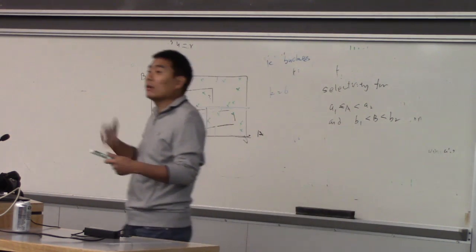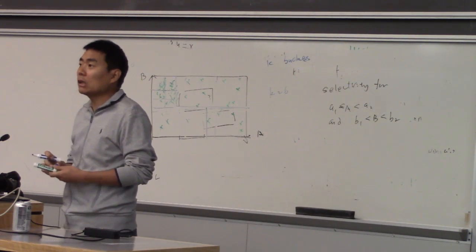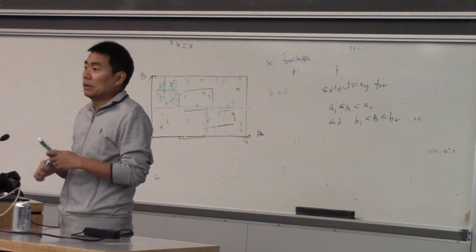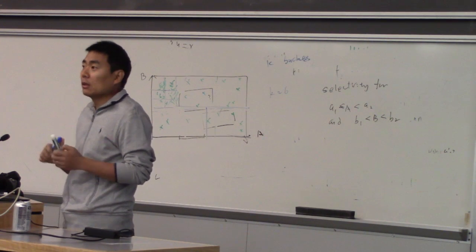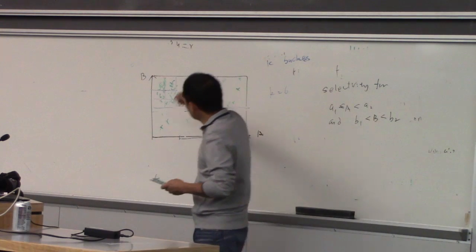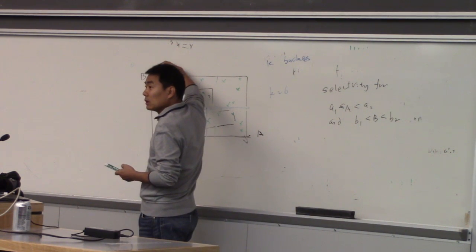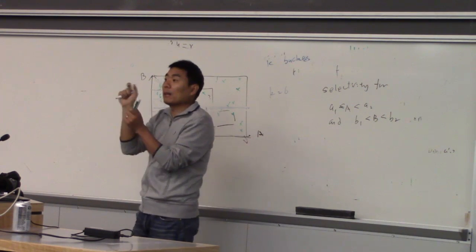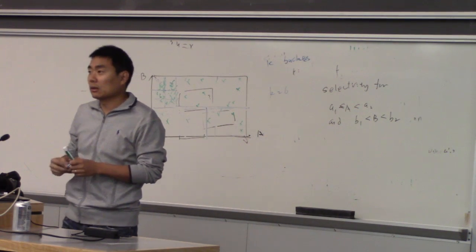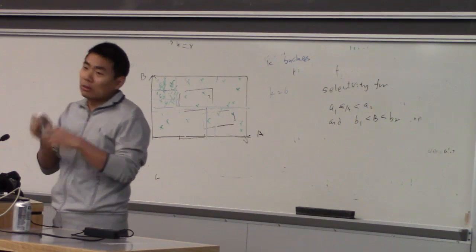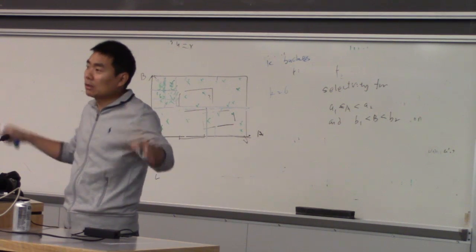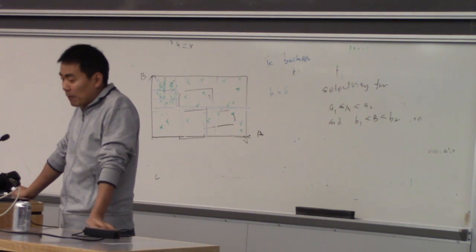Does that make sense? You allocate more buckets over there in the dense region than in the other place. And the objective is still the same. You basically maintain a value for each bucket, and you try to minimize the total variance, the summation of the variance from all buckets.